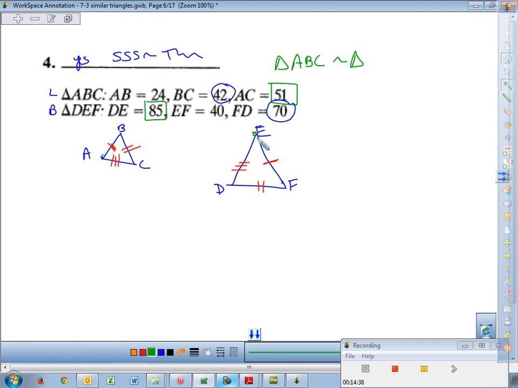Right here. 1 tick mark, 3 tick marks come together at E. I sketched a picture and just marked my guys that were corresponding to each other. B is next. B is where 1 and 2 come together. 1 and 2 come together at F. And finally, the last thing is D.